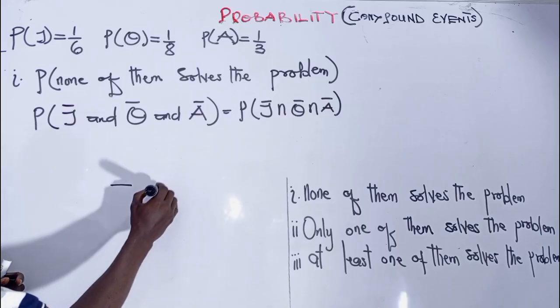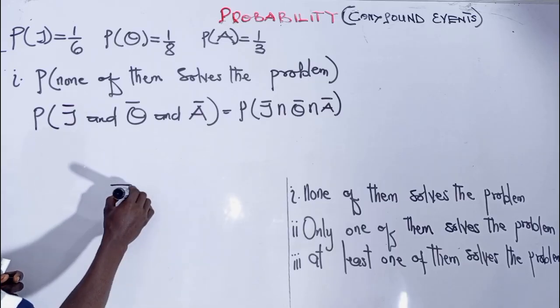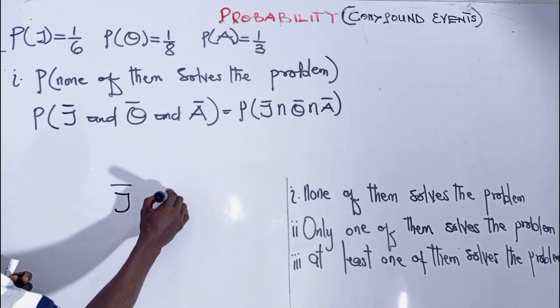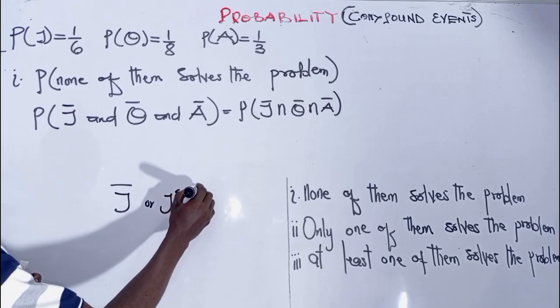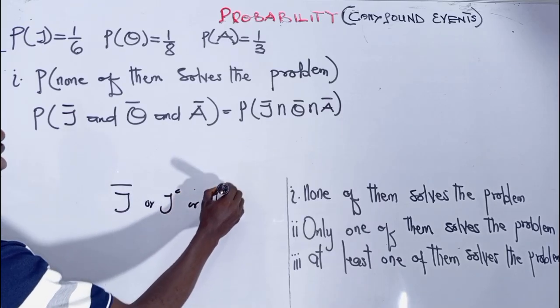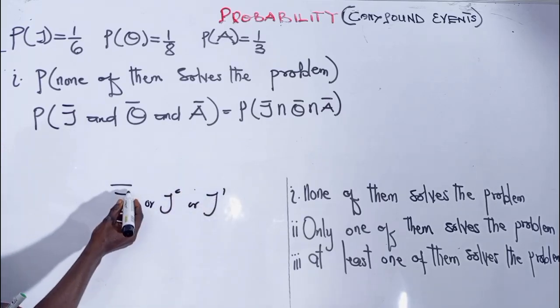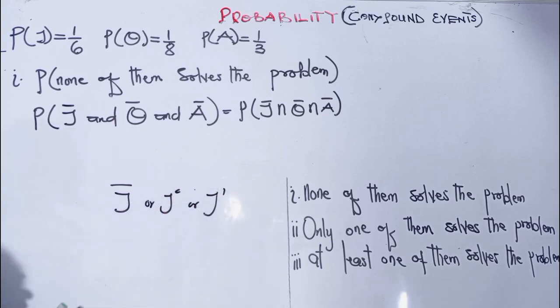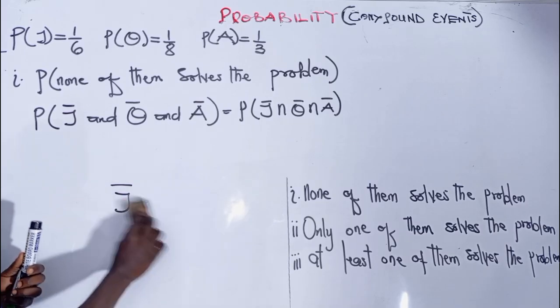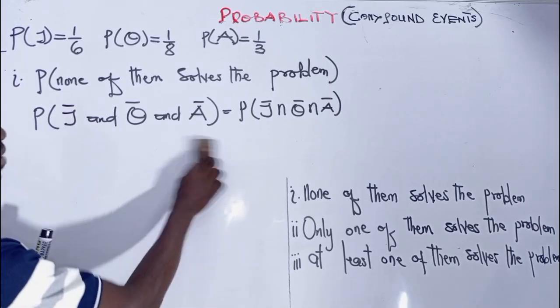In other books, if you are using J, you see something like J complement or J prime. So this J bar, J complement, J prime, it means the same thing. It means the complement of J, which is the same as J not being able to solve the problem, or J not occurring. Good.